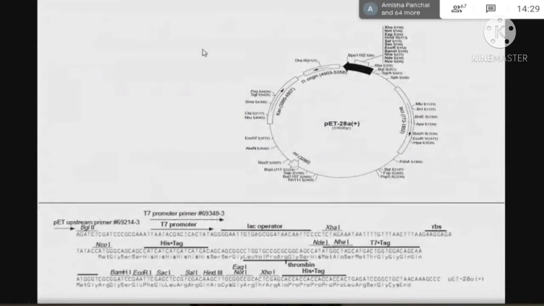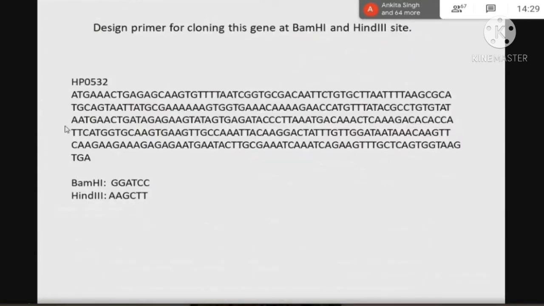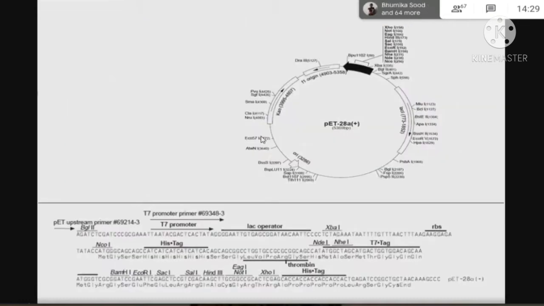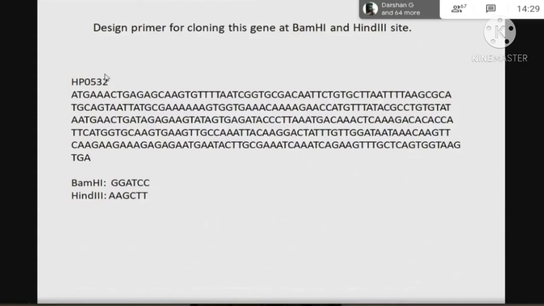See, for PCR cloning, we select the sites which are absent in the gene. Suppose we have to clone this gene. That restriction site should not be present in it. Out of these, you have to search which restriction site is absent in this gene.